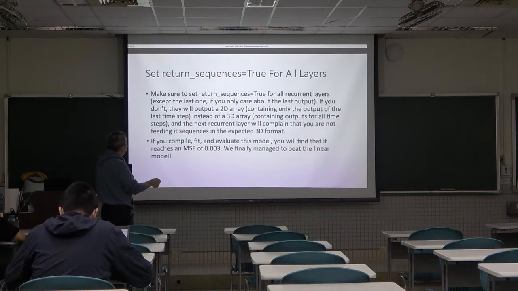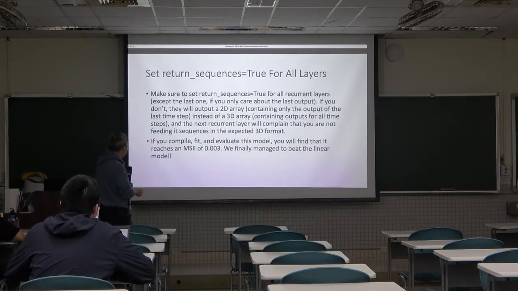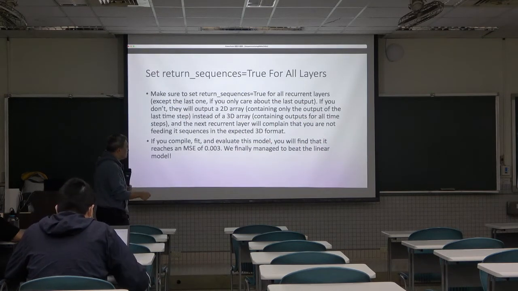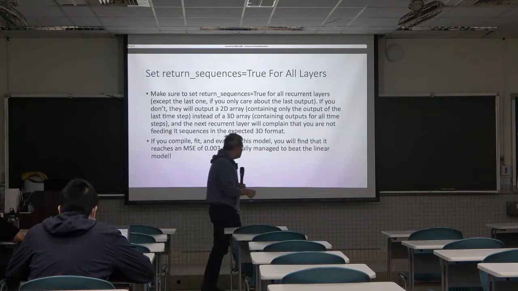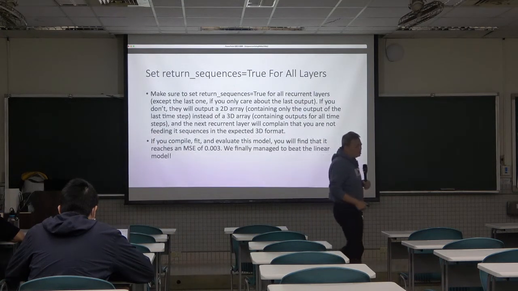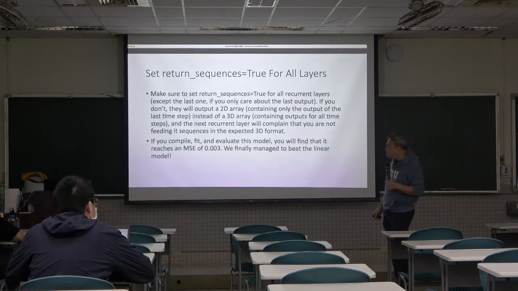So yeah, I already explained that. If you compile, fit, and evaluate this model, you'll find that it reaches an MSE of 0.003. So we managed to beat the linear model. You may say it's only better by 0.001, because the linear model's MSE is 0.004.